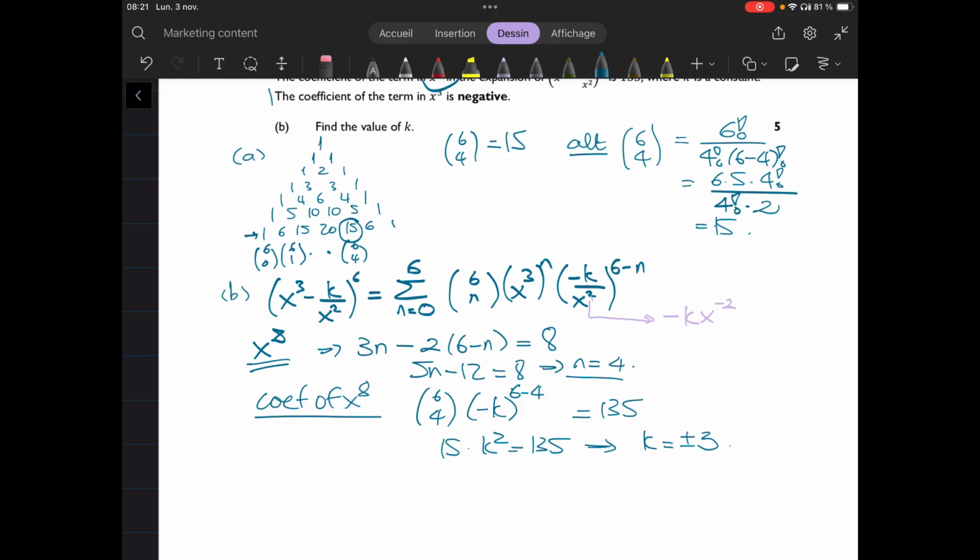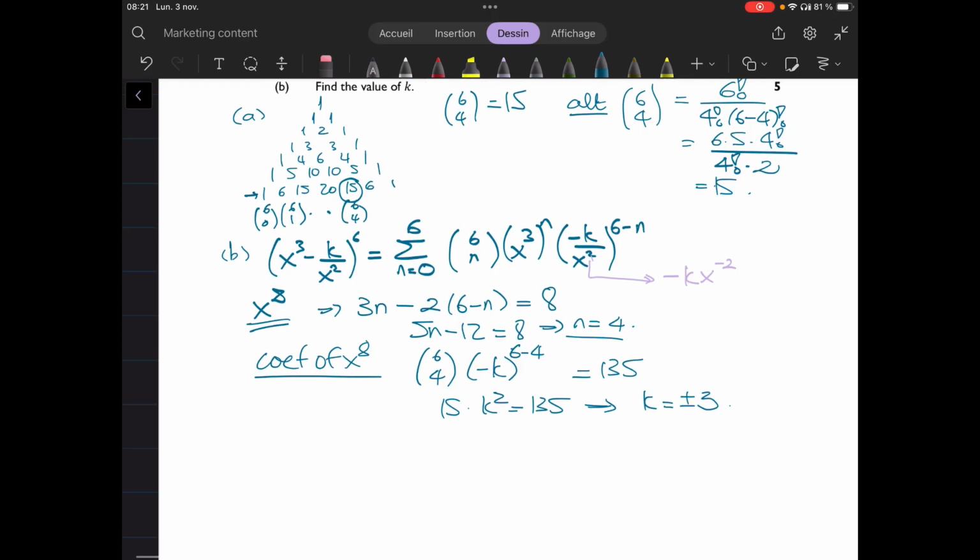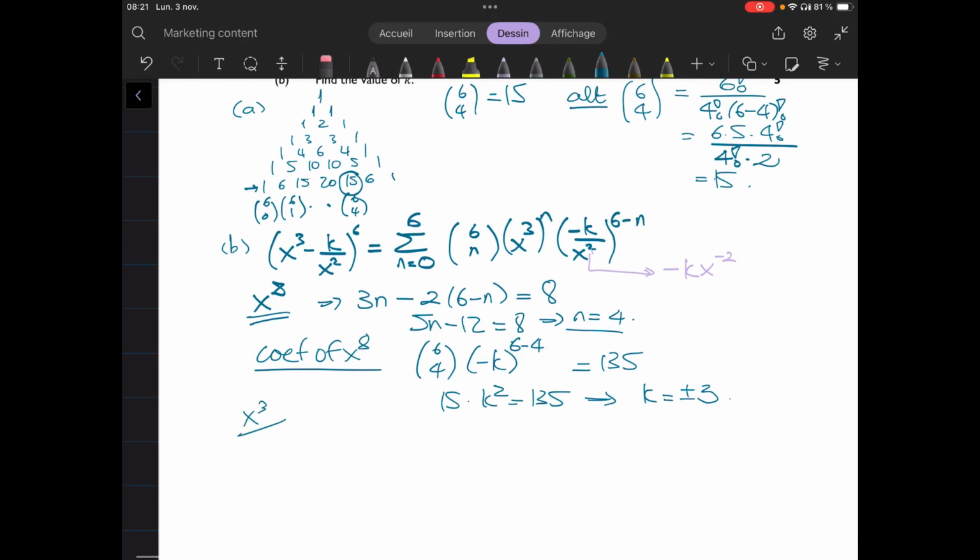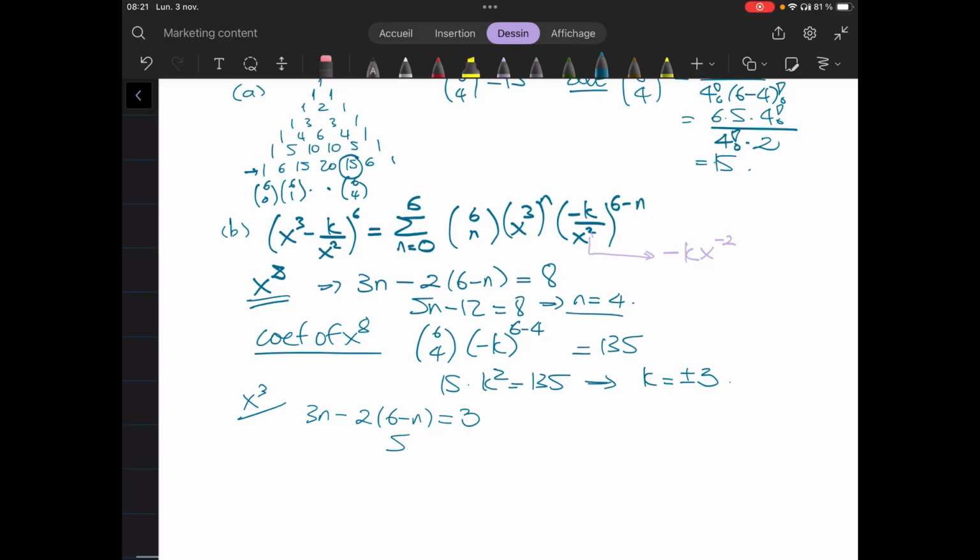We are further given that the coefficient of a term in x cubed is negative. So for x cubed, what value of n would correspond to this term? We just need to solve this equation. And n is equal to 3.